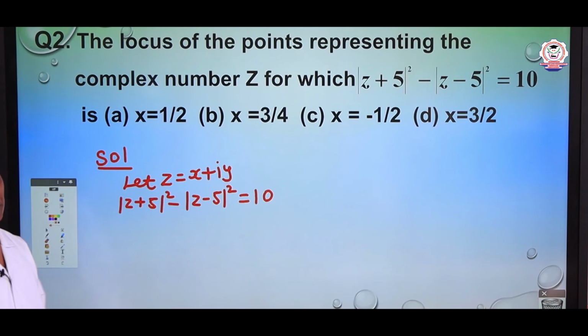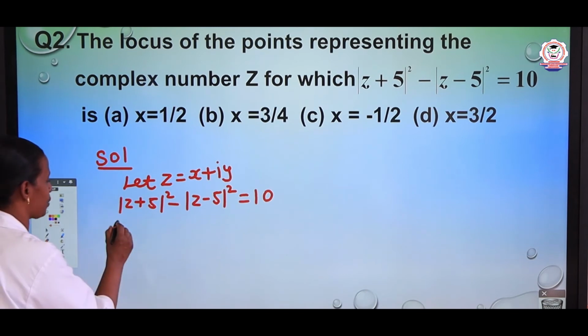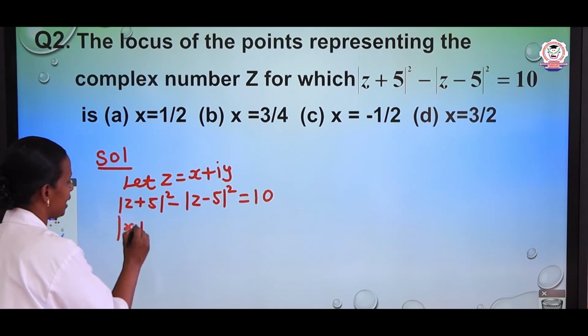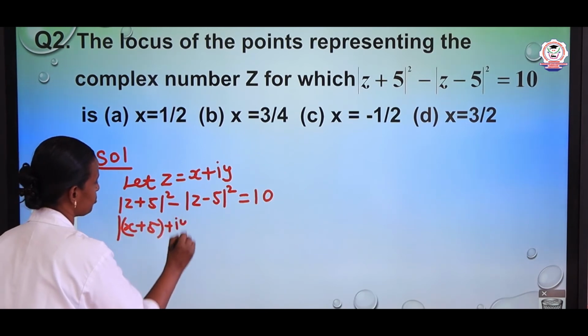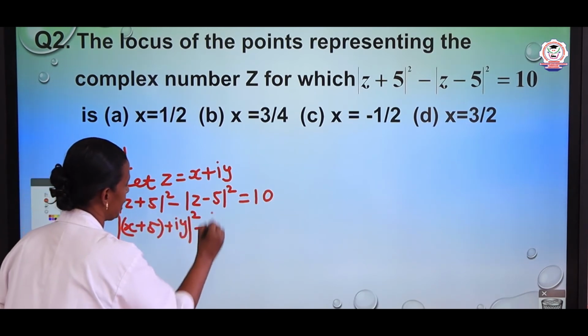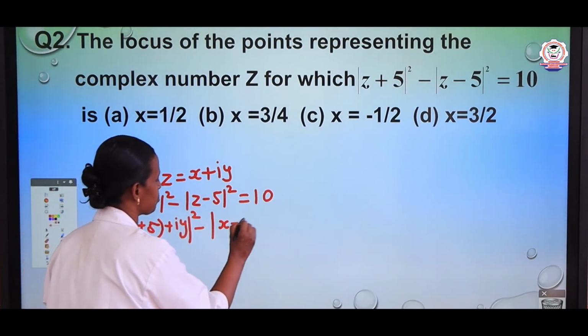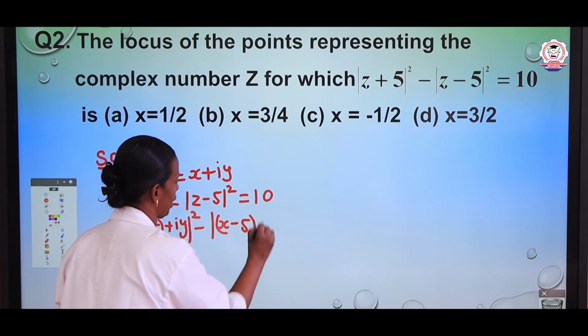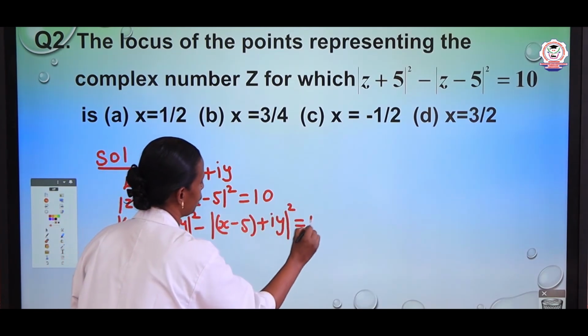Z is nothing but x plus iy. So substitute here. You have to combine real and imaginary parts. This is x plus 5 plus iy the whole square minus, since Z equal to x plus iy, x minus 5 plus iy the whole square equal to 10.